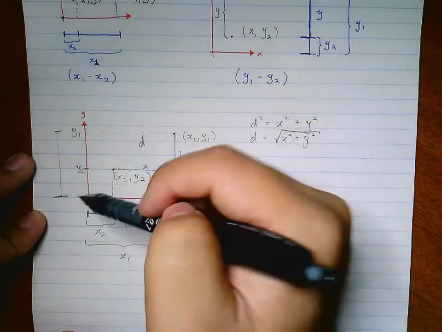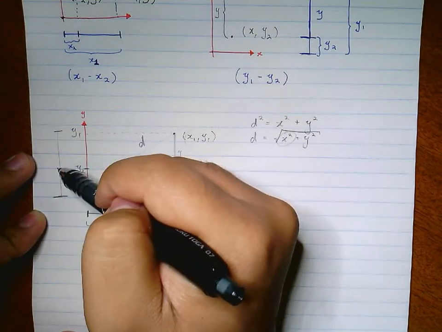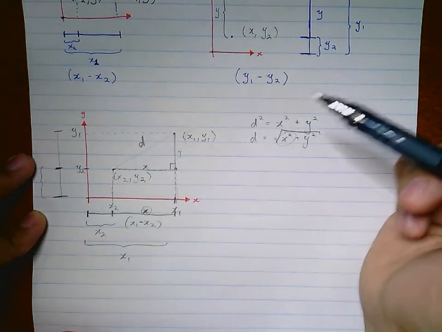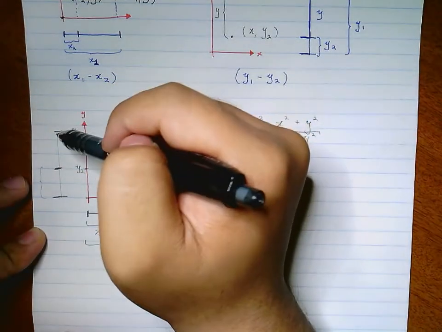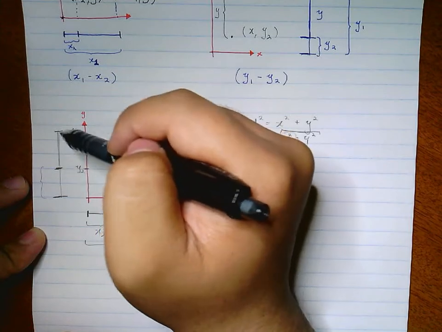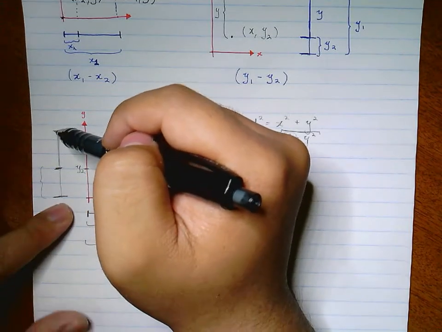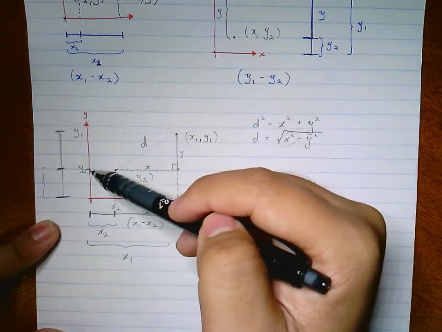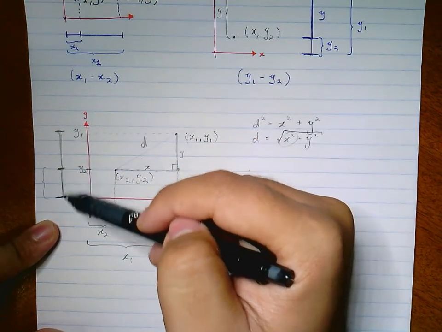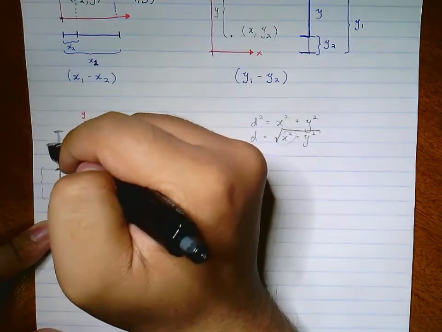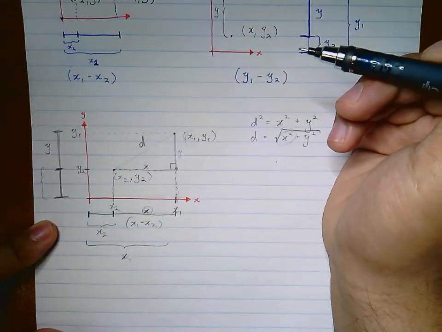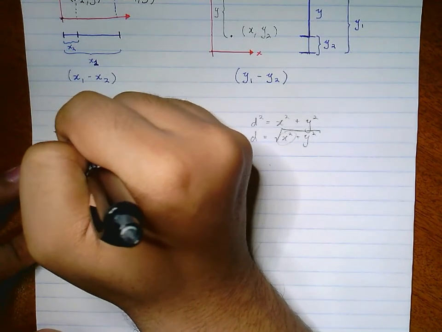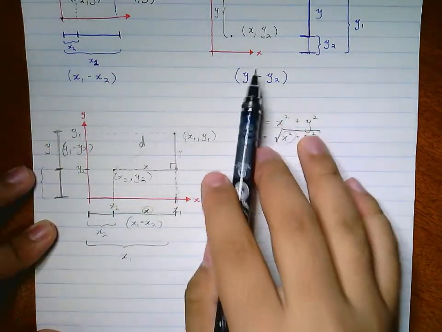True? But from 0 to y2, that there is a length of y2. But since we only want this length, if we take y1, which is the whole length here, and subtract y2, which is this segment here, we are left with y. So y is y1 minus y2, which is what we had here.